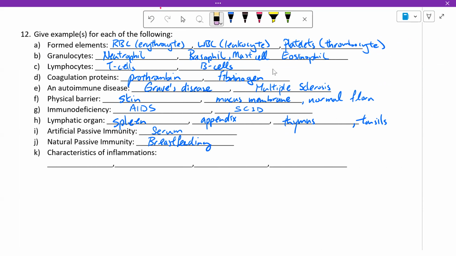Okay, there are 4 characteristics of inflammation: redness, swelling, pain, and warmth.